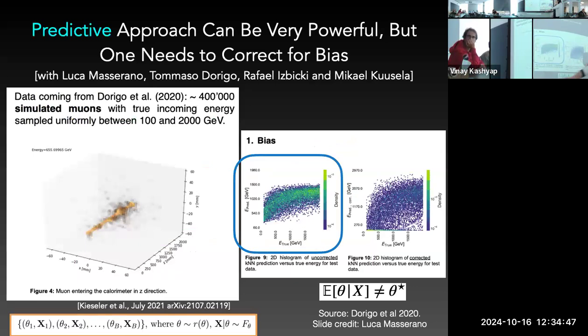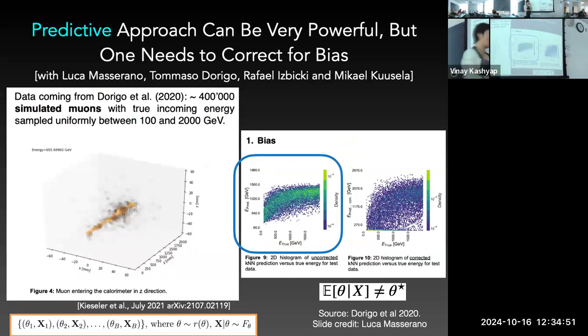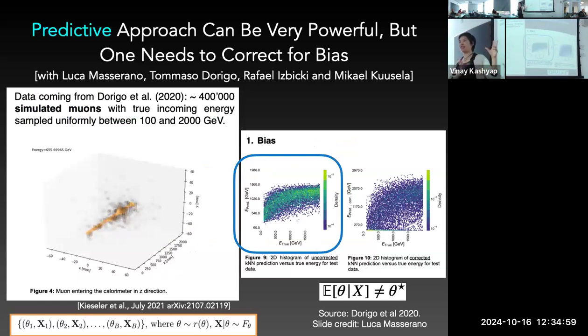This is just to show that the predictive approach can be very powerful, but one needs to correct for bias. This is the original problem I was working on. You have a subatomic particle, a muon, entering a detector. This is a simulation; it's costly to build. It's a highly granular calorimeter with 50,000 cells, and you measure the energy deposits in these.